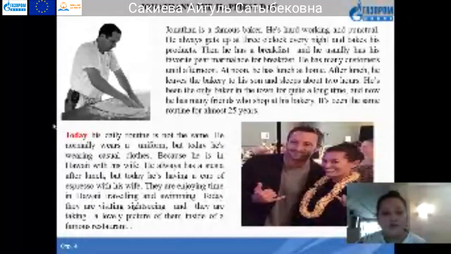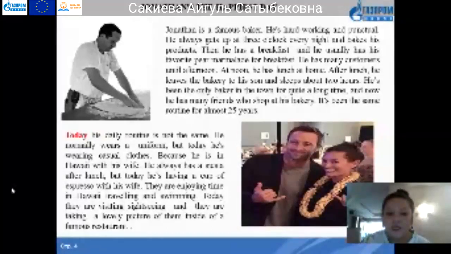Now let's read the information about today. Today his daily routine is not the same. He normally wears a uniform, but today he is wearing casual clothes. Look at it. Because he is in Hawaii with his wife, and he always has a siesta after lunch. What does siesta mean?